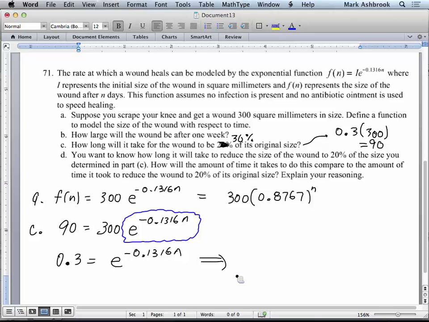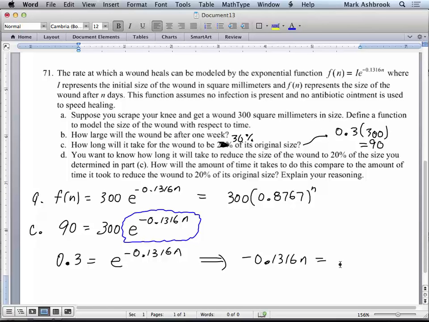I would log it. So we have log 0.3 equal to negative 0.1316n. Okay, so you're seeing this as the exponent. Just describe in words what exponent that is. The exponent of e to give 0.3.